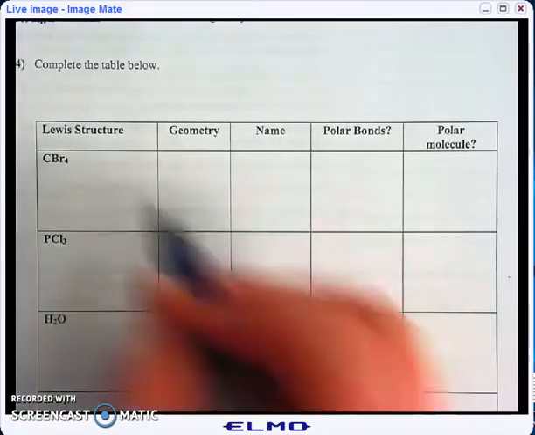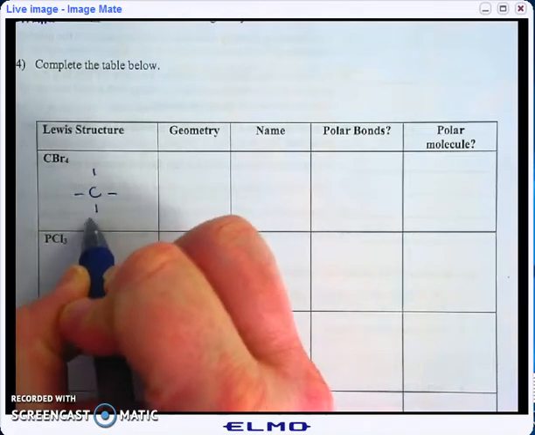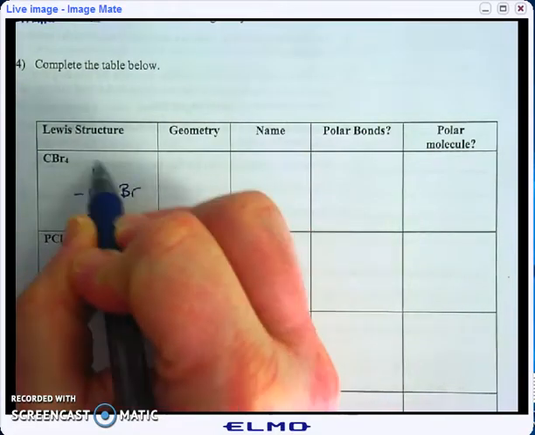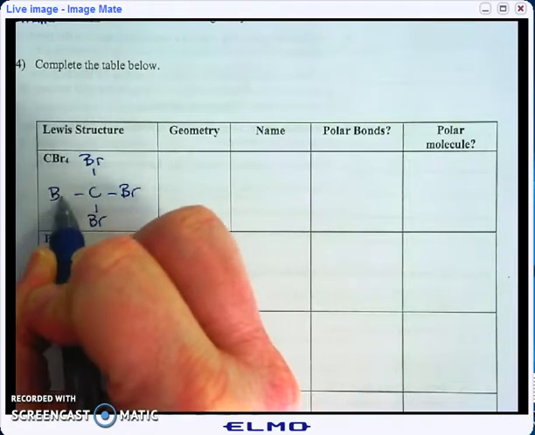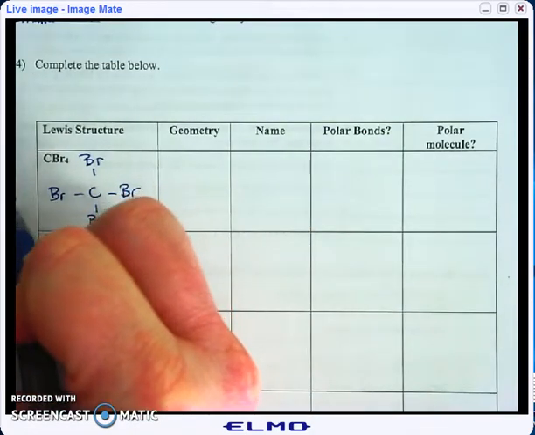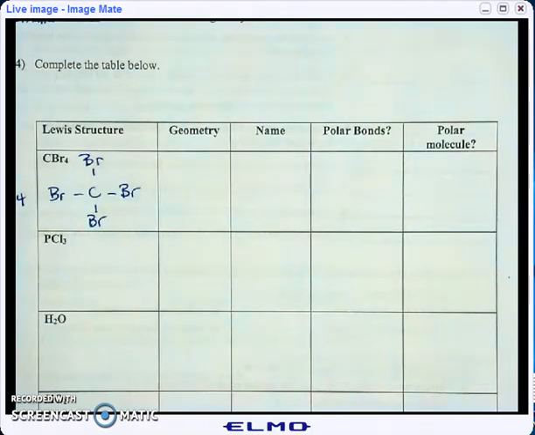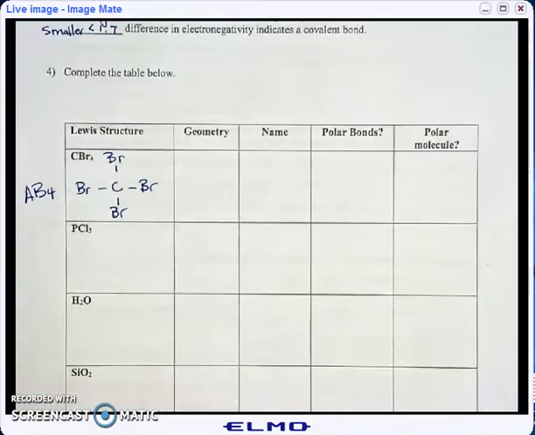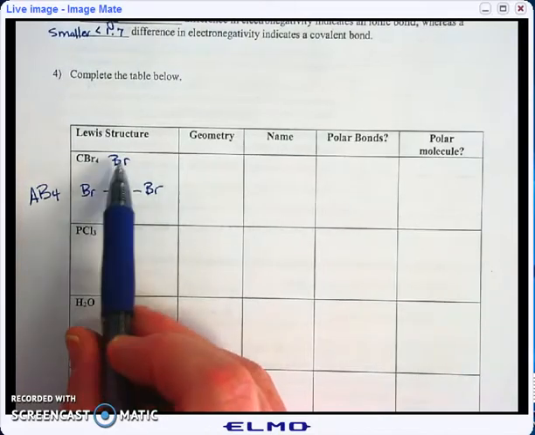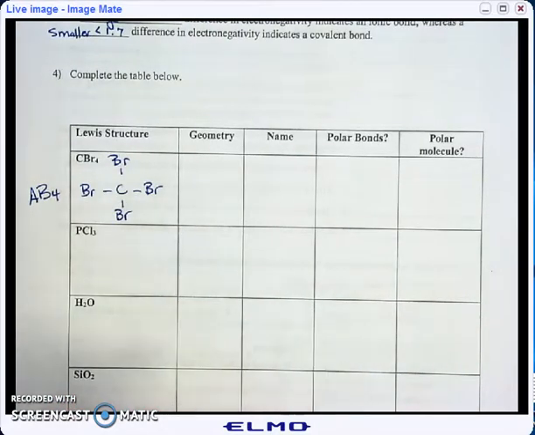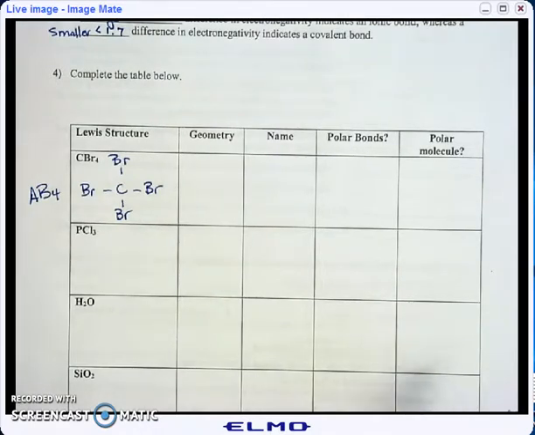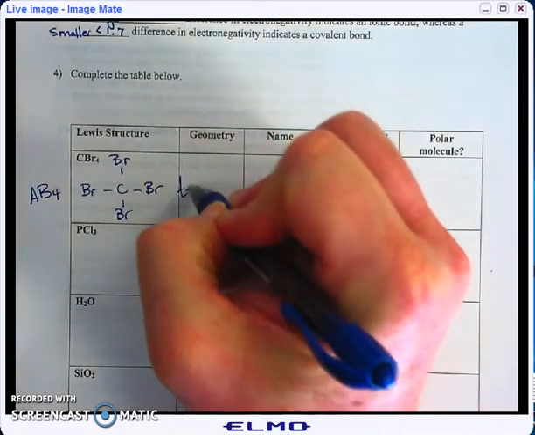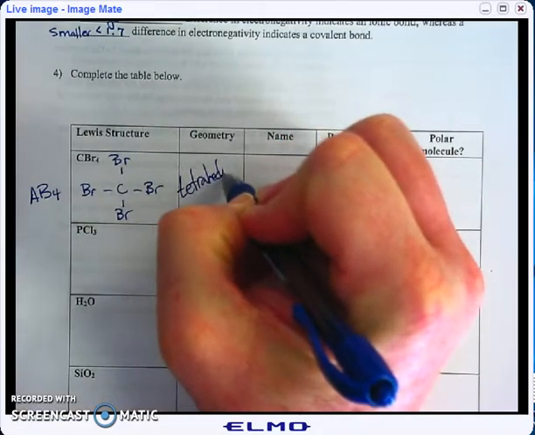So CBr4 would be a carbon with 4 bromines attached. It is an AB4 type of molecule, right? A central atom and 4 bonded atoms. Who's up? Dante, do you have any idea what shape it would be? Tetrahedral. Okay? Tetrahedral. Good.